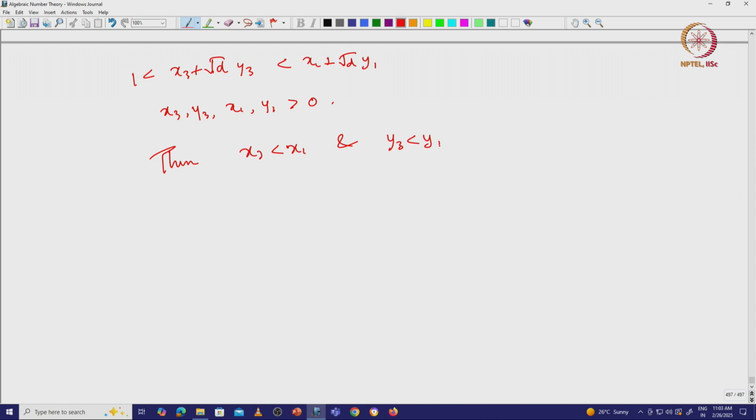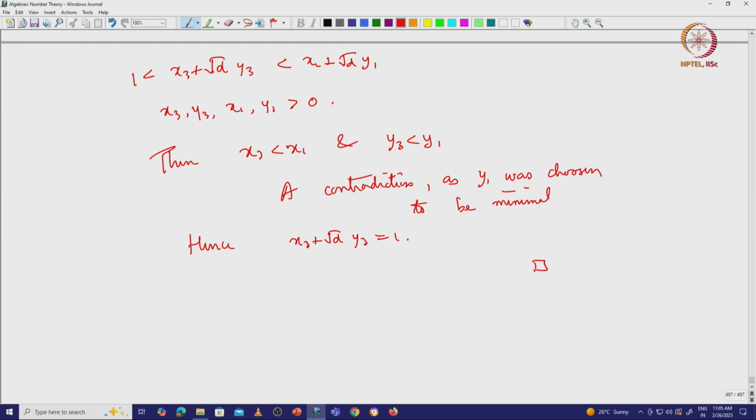So that is a contradiction as y1 was chosen to be minimal, right. So hence, x3 plus square root of d y3 is equal to 1, and we are done, right.